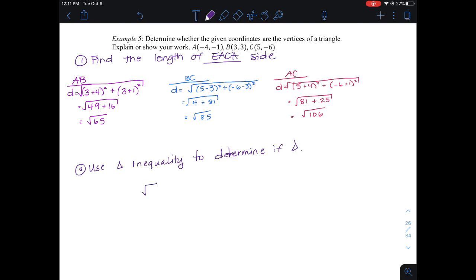That means we're going to take our 2 smaller lengths, the square root of 65 plus the square root of 85, and is that greater than the square root of 106? If we type this in the calculator, we end up getting 17.28 is bigger than 10.3, which is true. So we can say yes, it is a triangle.